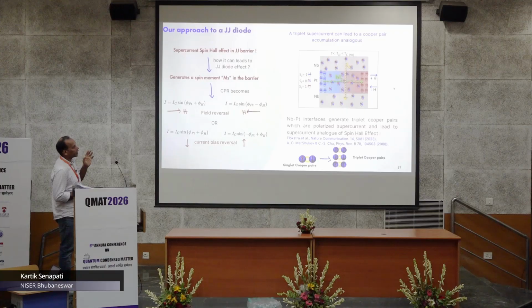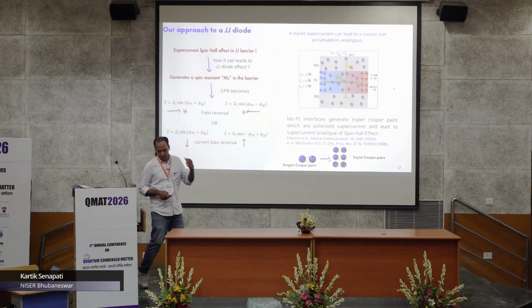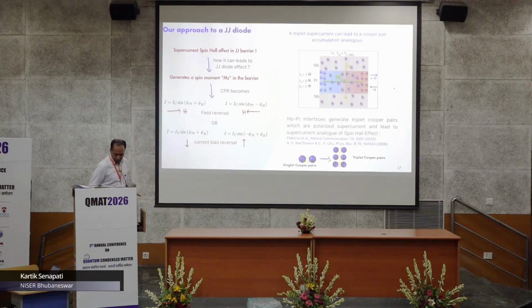So this moment can generate some additional phase. If you send current this way or this way, you can expect a flipping in the direction, and the effective phase will be added or subtracted. So you can expect a different plus current and minus current.